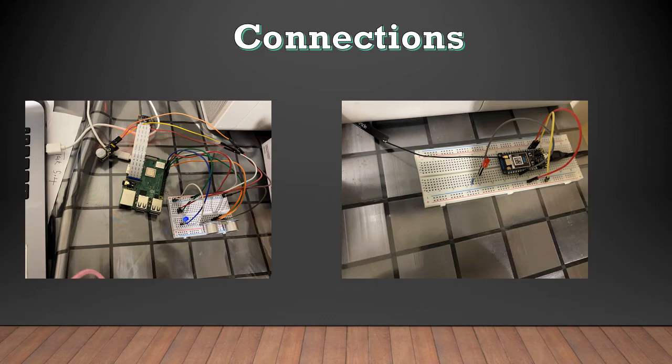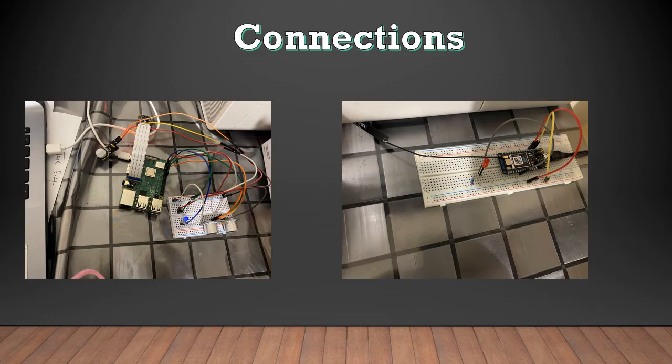The PIR is connected to the Raspberry Pi using the following connections. Ground of the PIR is connected to pin 6 of the Raspberry Pi. VCC of the PIR is connected to pin 2. Signal of the PIR is connected to pin 11, which is GPIO 17 of the Raspberry Pi.